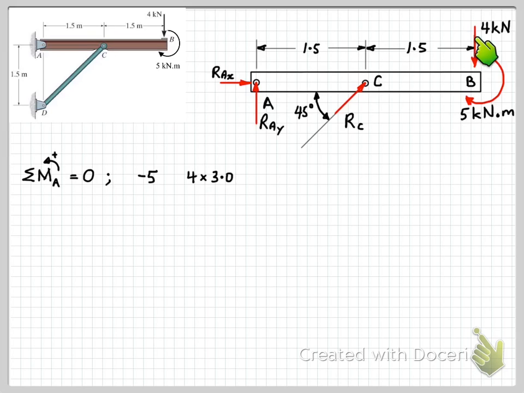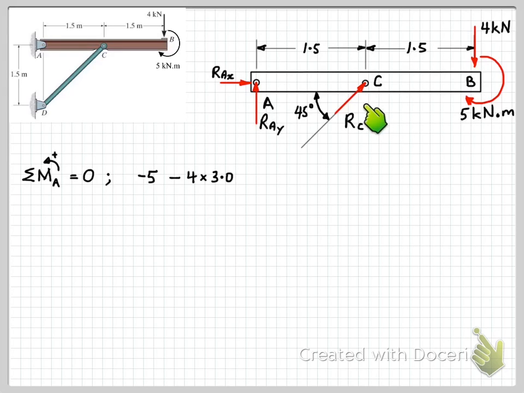So this force here about point A will be tending to rotate this around clockwise about point A. If you imagine that it's pinned here at A, if we push down here with this 4 kilonewton force, then this beam is going to rotate clockwise. So that will be a negative moment. So we put that in our equation here.